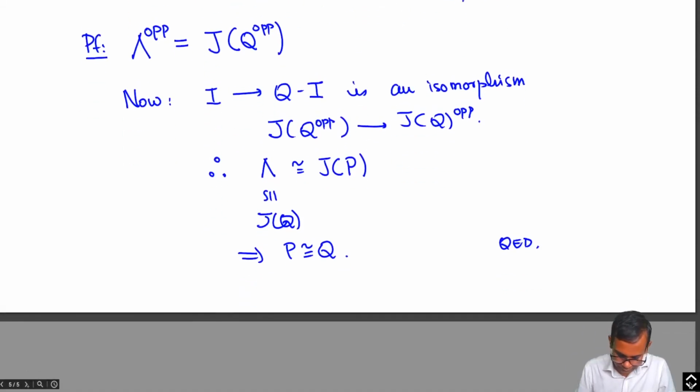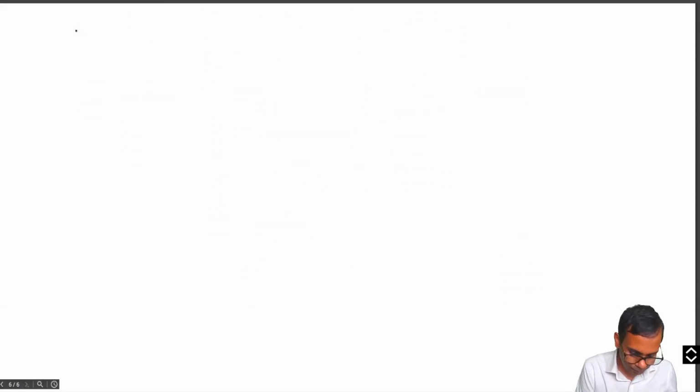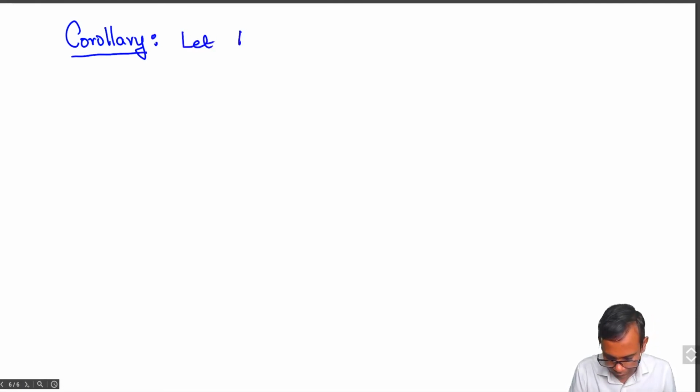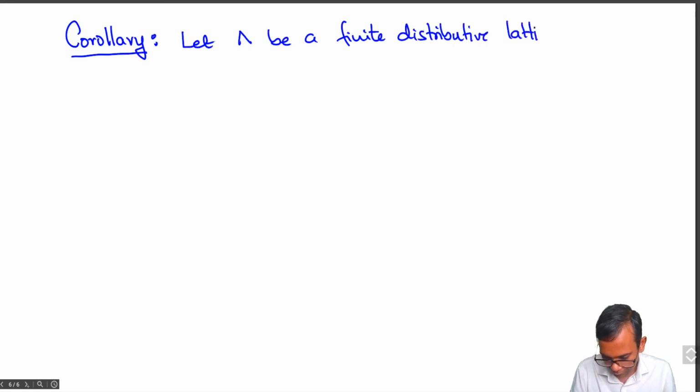Here's another interesting corollary of the fundamental theorem. Let lambda be a finite distributive lattice. Then we already know that every element of lambda can be written as a meet of meet irreducible elements, but this representation is unique.